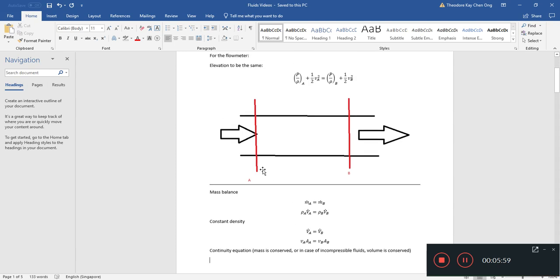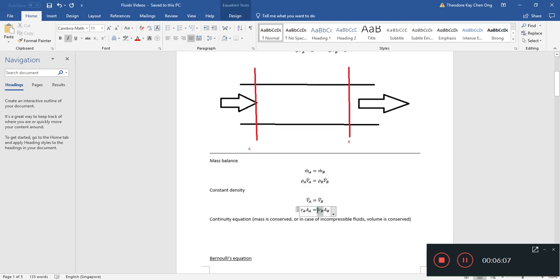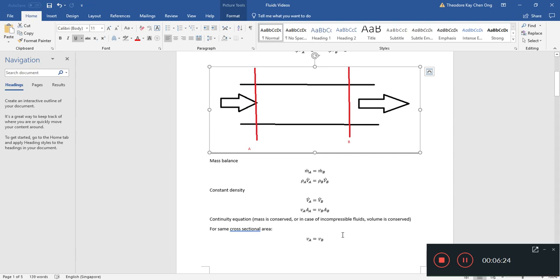So what can we say about the cross-sectional area for A and B? That is exactly the same. So for the same cross-sectional area, area A equals area B, we get this. Very simple.